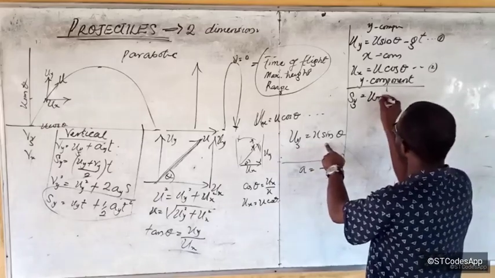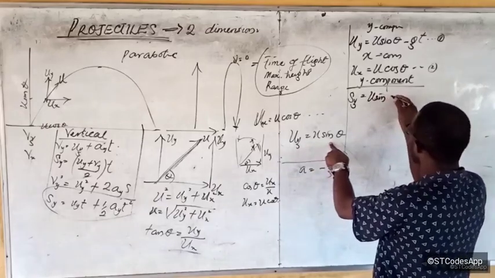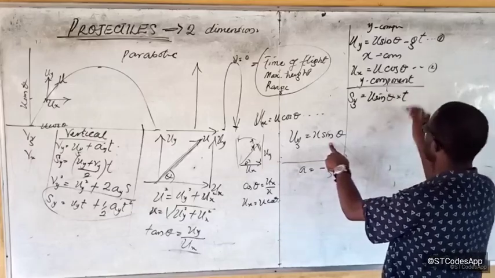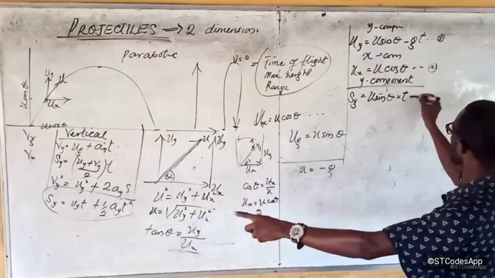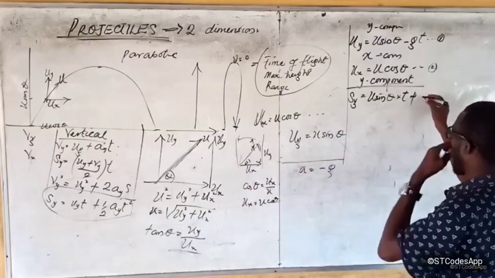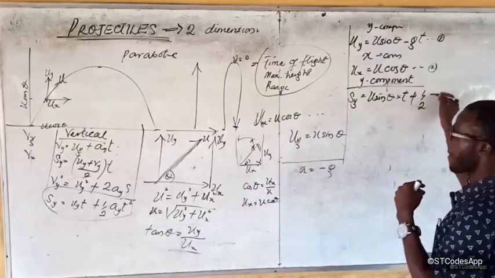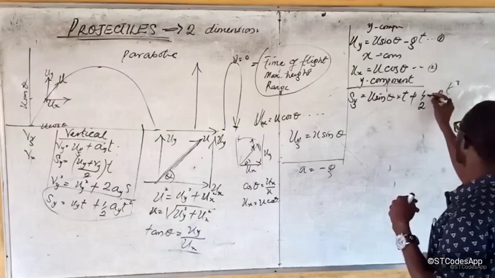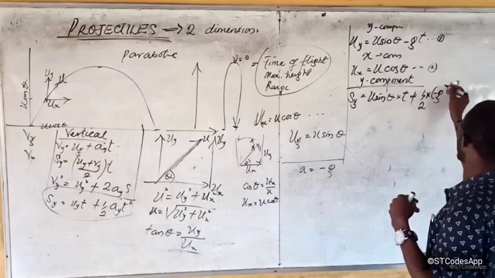So that will be u sine theta times t, plus one over two times minus g t squared.